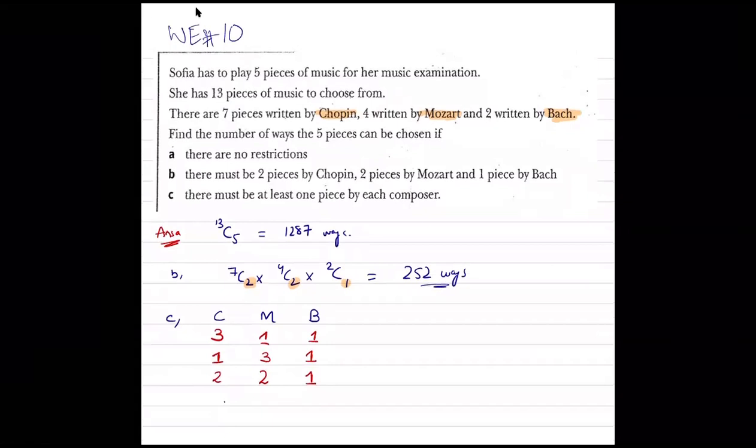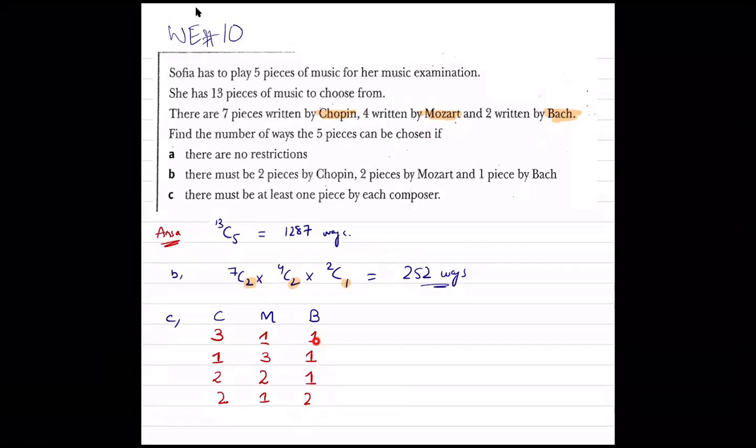Are you getting this? How the cases are being formed? Yes, sir. Then in the same way there are some other possibilities as well. Can you help me out with that? Can I take two for Chopin, two for Mozart, and then one for Bach? Could it be three for Bach and one for Mozart and one for Chopin?